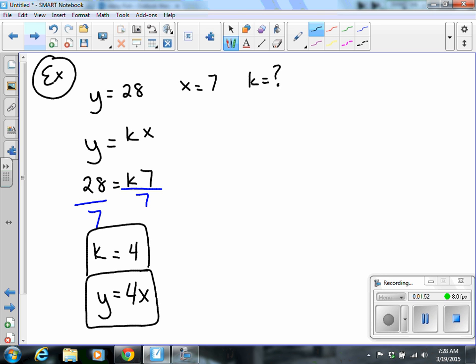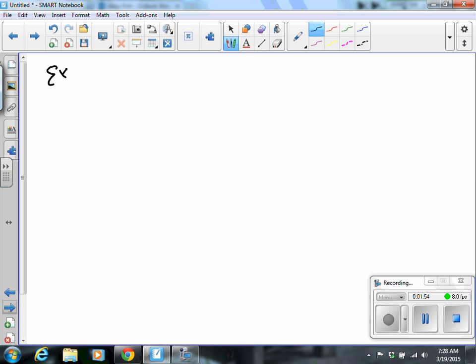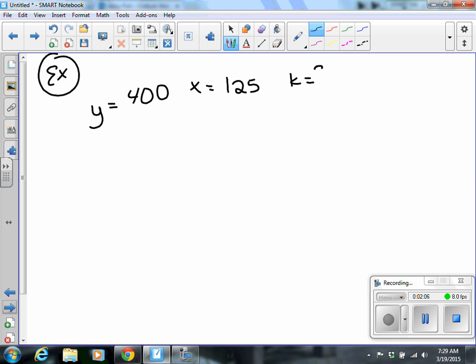All right. So for you, y equals 400, x equals 125, and k is what you're trying to find. Looking at this again, I'm going to plug it right into my direct variation equation.